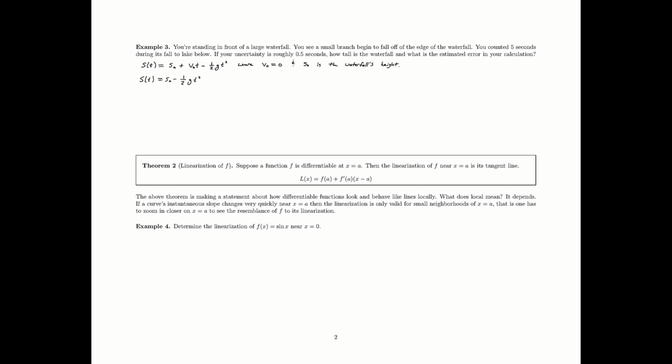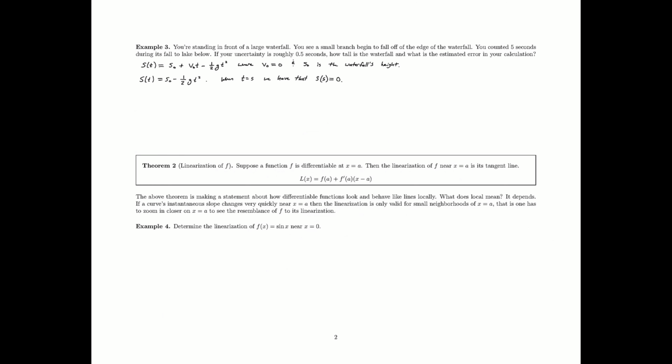So if we counted 5 seconds, this tells us when t is 5 seconds, we know that the log was on the ground, or not the ground, but the lake. So that means when t is 5 seconds, s of 5 must be 0.